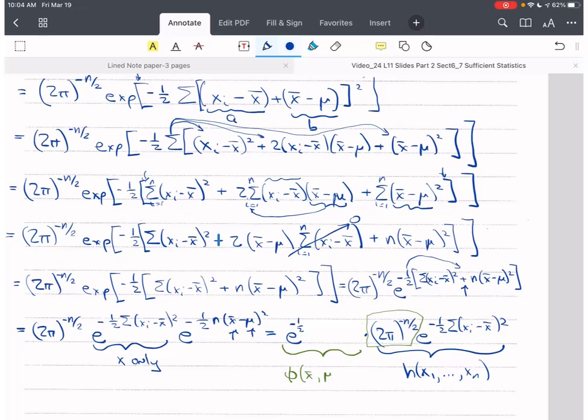Minus 1/2, so n over 2 times x bar minus mu quantity squared. That's another way to write this term. Okay? And so that is phi of x bar, mu. And this is h of x1, x2, up to xn only. It's only a function of x.